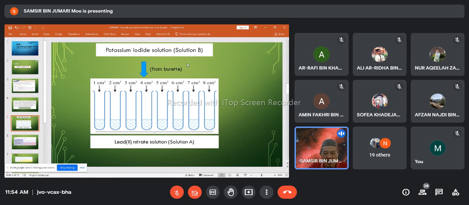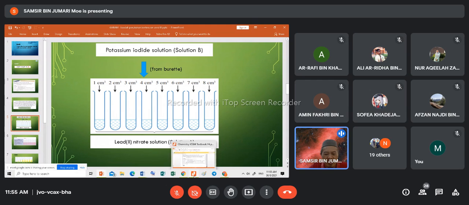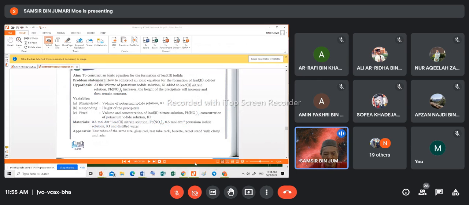This means that we have to add into the test tube from the burette. You can change the solution. So in this experiment, we use the potassium iodide solution.